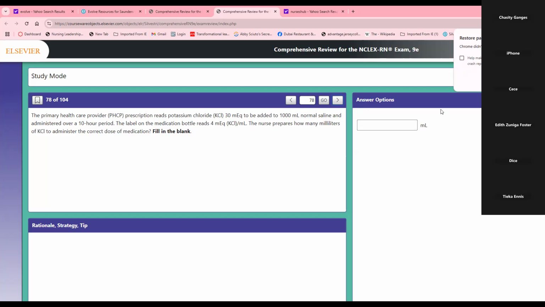Okay, this is a similar question to the one I have on the screen now. Let me look for the question that he's talking about, because this is a different question. No, it was in the orange Saunders that you used last week. But the question is written the same as this one.